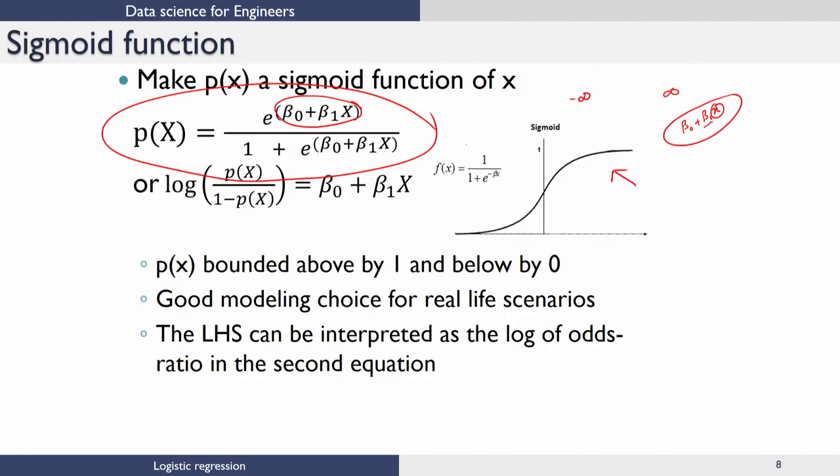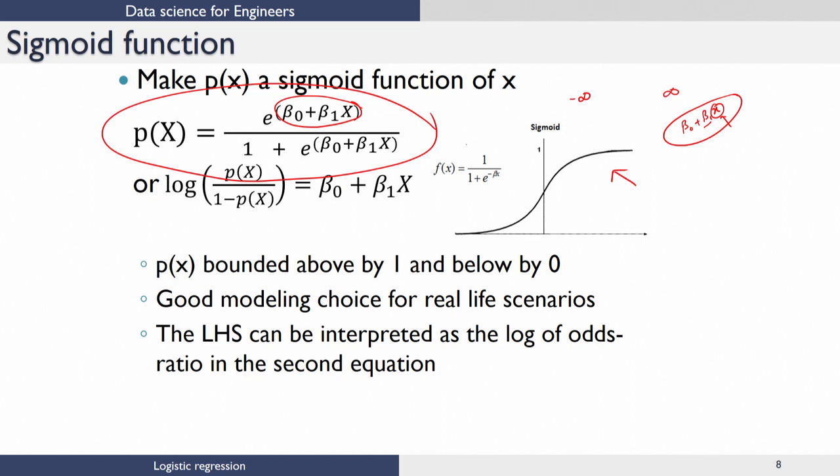If beta 1 is negative and you take x to be a very large value on the positive side, this number will become minus infinity. Similarly, for other values of beta 1, you can choose x to be positive or negative and make this unbounded between minus infinity and infinity.